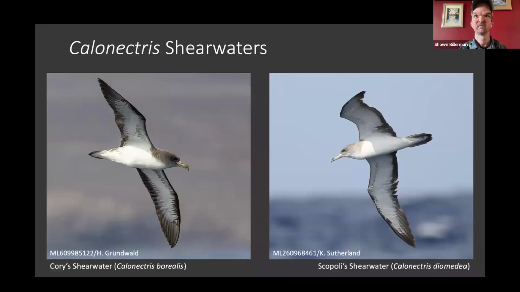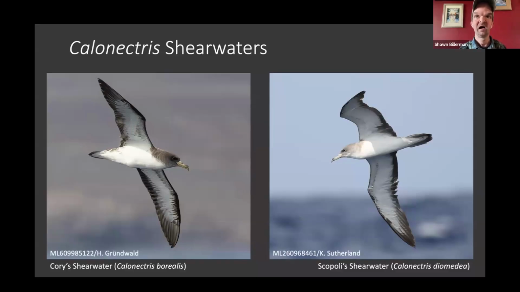As Marshall said, they're very similar morphologically, but they do differ in some key aspects. Marshall covered the identification aspects, but despite these morphological similarities, the 2 species differ genetically, vocally, and ecologically.